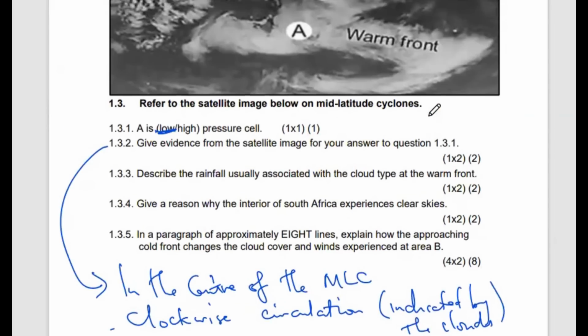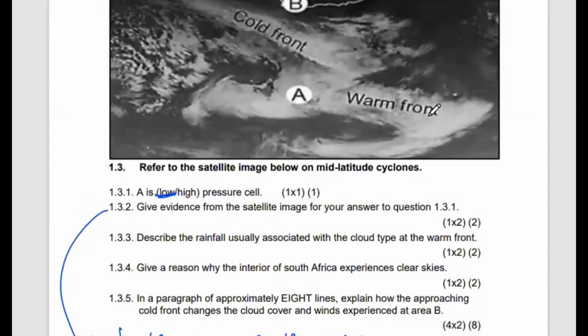We know well that this weather system circulates in a clockwise direction, and in the midst of the weather system, there's a low pressure cell which facilitates the clockwise circulation. So automatically A, being at the center of the system and the system is circulating in a clockwise direction, that justifies that the center of the system is a low pressure. Right.